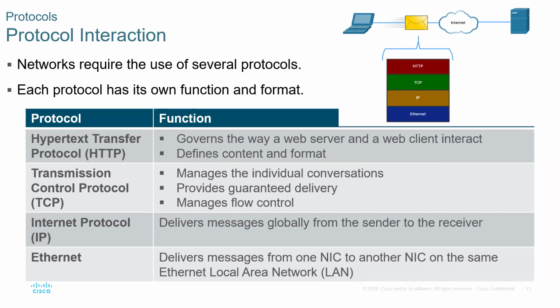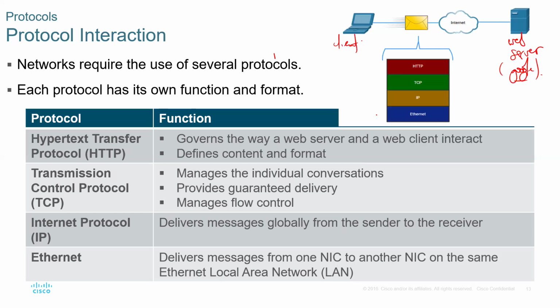In this example, we're going to look at a device sending a web request to a web server. So this is a client. All right. This is a web server, Google. So this is your Google server.